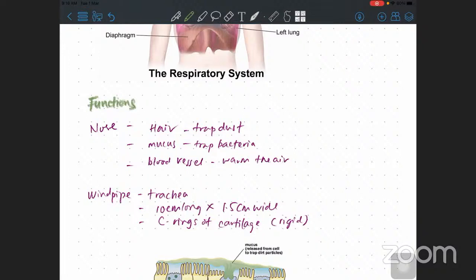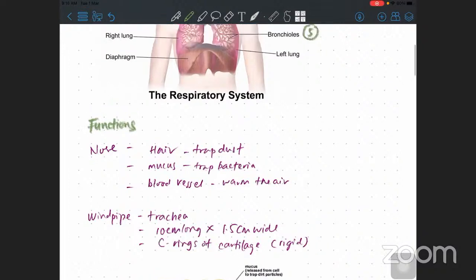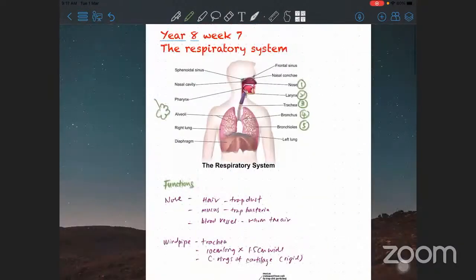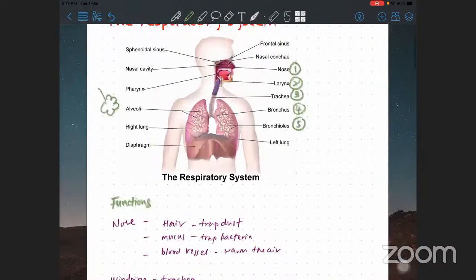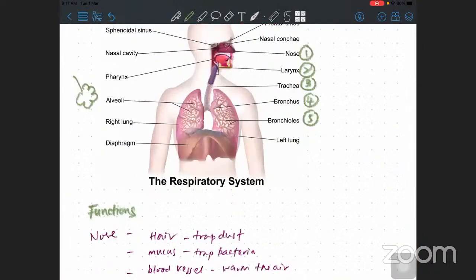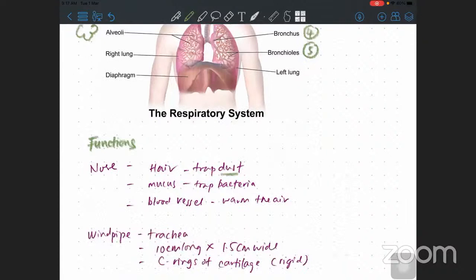For the nose, we must know that we have some hair in our nose to trap the dust. At the same time we have the mucus to trap the bacteria. When you answer the question, you must know that the nose also has blood vessels to warm the air before entering your lung.